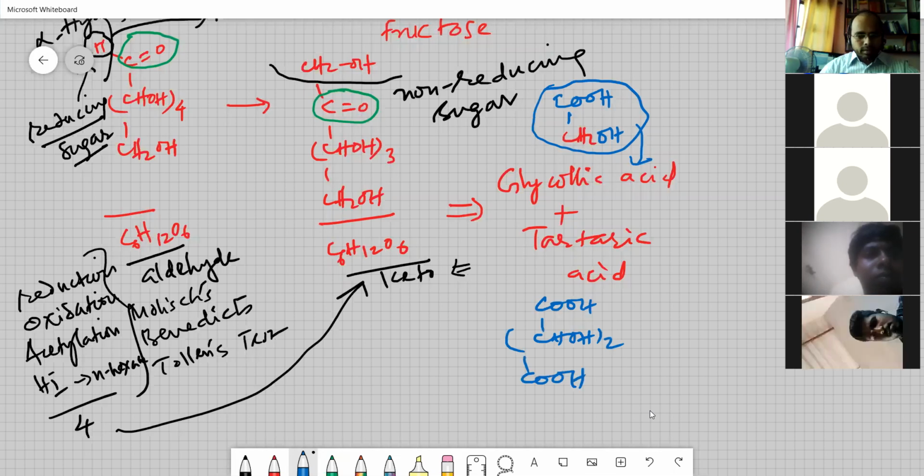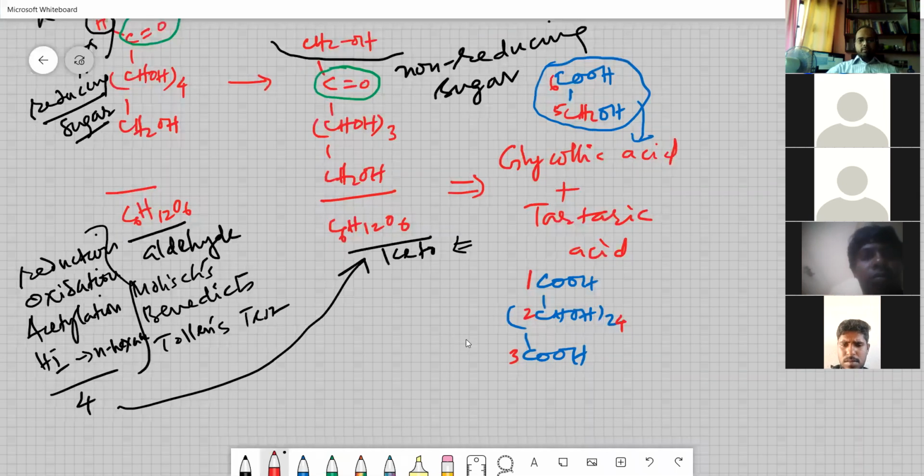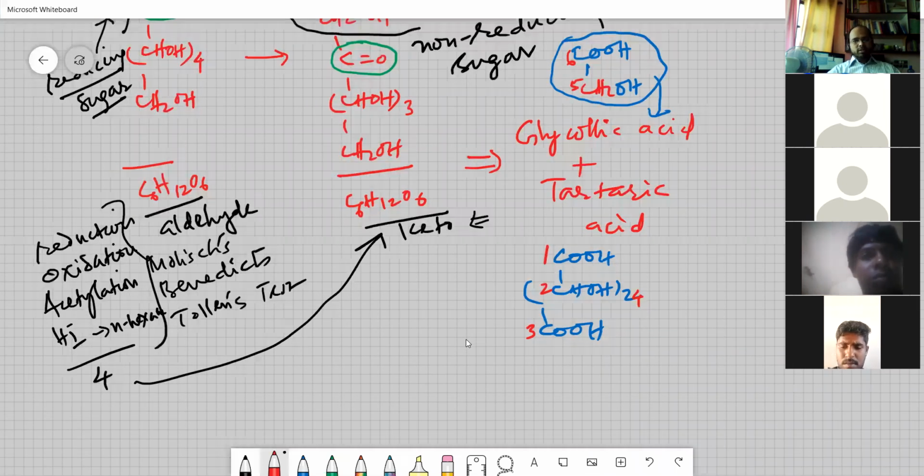Okay. Now, if you look at the number of carbon atoms there, here you have 1, 2, 3, 4, 5, and 6. 6 carbon atoms. How many carbon atoms here? You have 6 carbon atoms. These 6 are given. And what is the reagent that we are using here? HNO3. Important point.